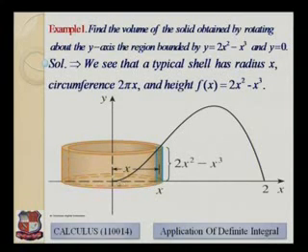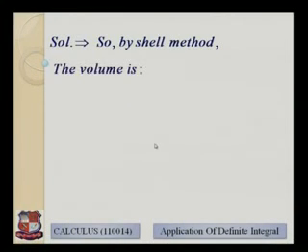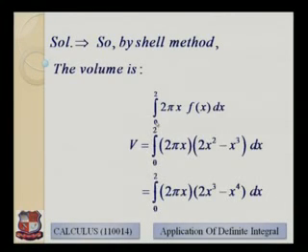this interval, because the given region is bounded in this interval from the origin. As you substitute y is equal to 0 in the given curve, this region will happen. Then the required volume will be integration 0 to 2 of 2 pi x f of x dx.